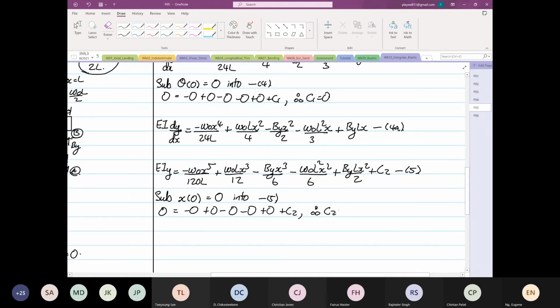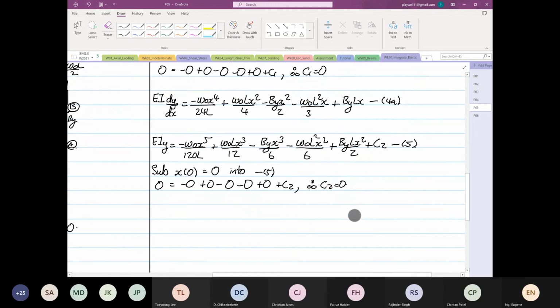Therefore C2 is equal to 0. So the final form of our equation is EIy as a function of x, equal to minus omega naught x^5 over 120L plus By omega naught L x cubed over 12.